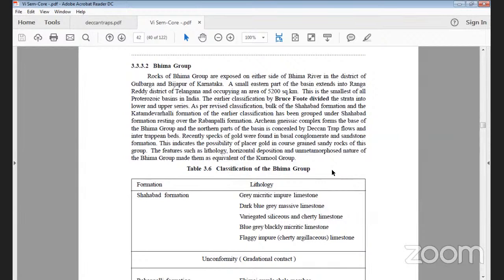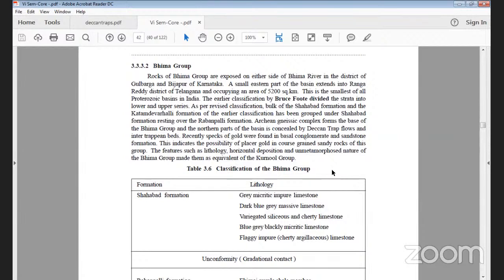Both were located on the Archean gneiss complex at the base of the Bhima supergroup, and the northern part of the basin is concealed by the Deccan Trap and intertrappean beds.